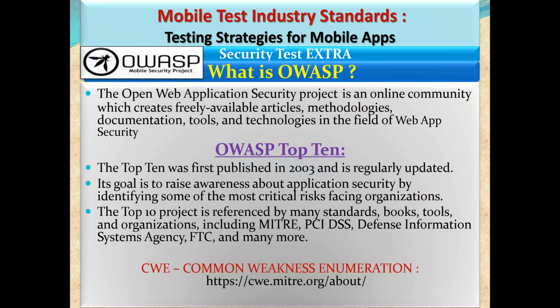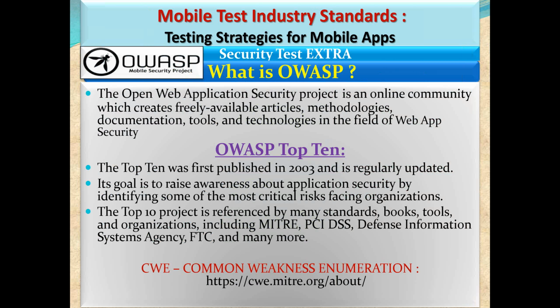But every vibrant technology marketplace needs an unbiased source of information on best practices, and there is a group, we call it Open Web Application Security Project, that is responsible for these security standards.